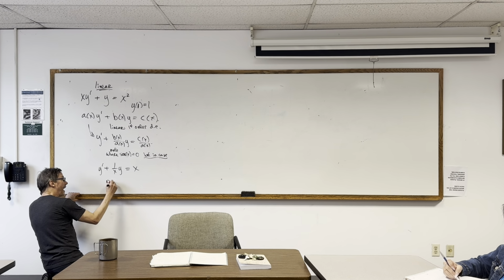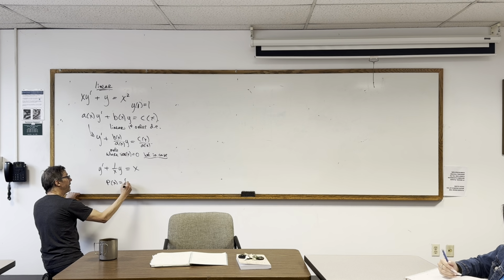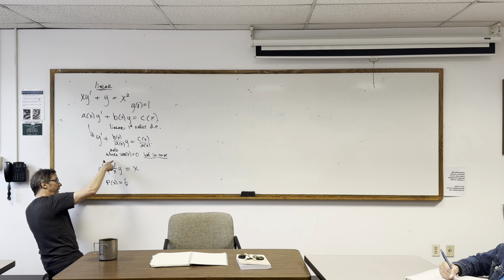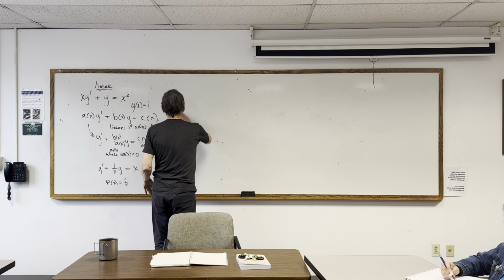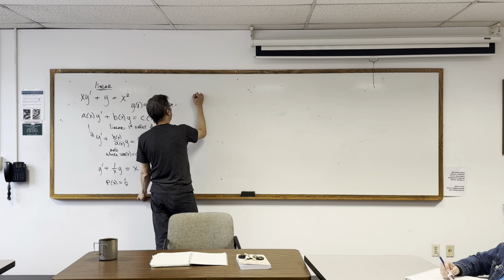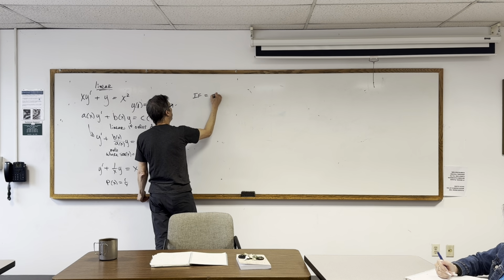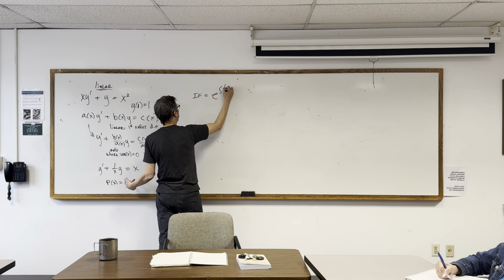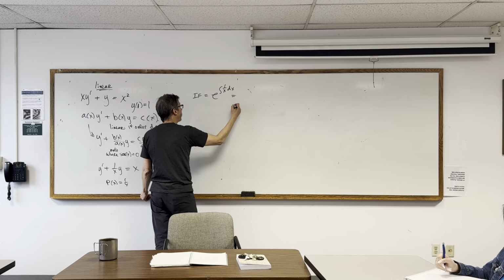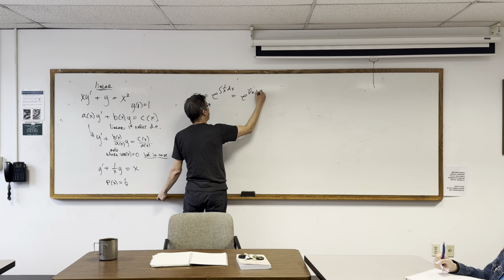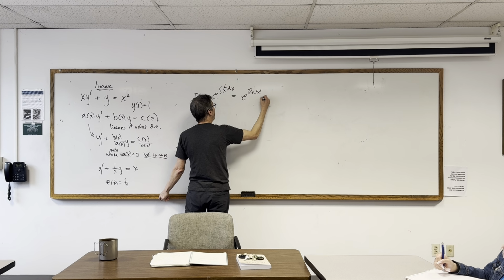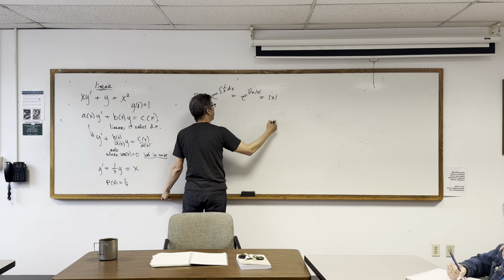But now I can happily find my integrating factor. It's going to be the antiderivative of this thing, put as an exponent on e, so our integrating factor is going to be e to the integral of 1 over x dx. That's going to turn into e to the natural log absolute value of x, and that's going to turn into absolute value of x.